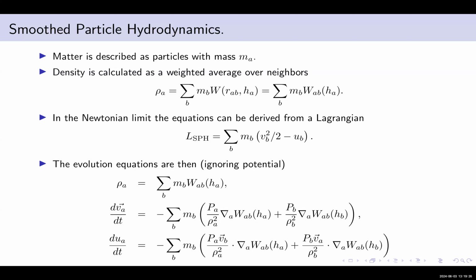And they all have these forms where you sum over a bunch of neighboring particles, weighted with the kernel function, and the gradient with respect to A of the kernel function will then give you the derivatives of the quantities you're interested in. So fairly simple stuff once you go through all the math.